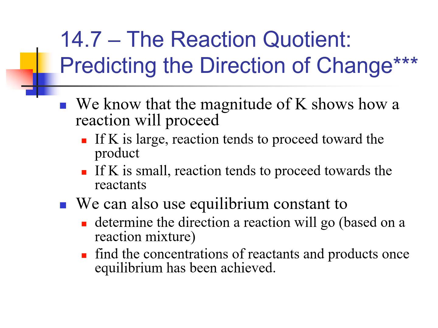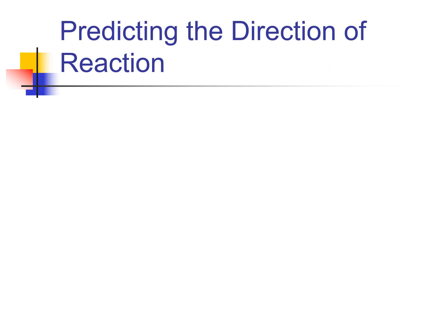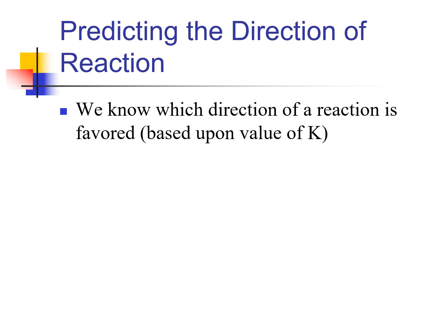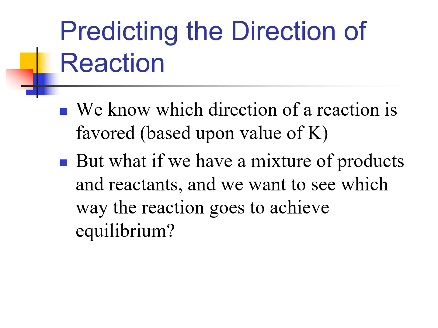All you have to do is find the concentration of the reactants and products that we have. So we know which direction of the reaction is favored. That's based upon K. But let's say we have a mixture of reactants and products. So we want to know, how will the reaction change? Will we have to make more products to reach equilibrium?